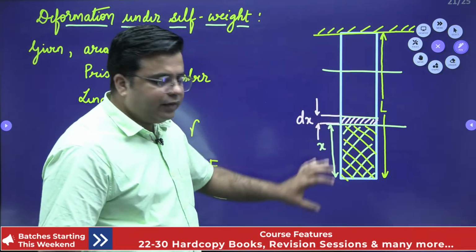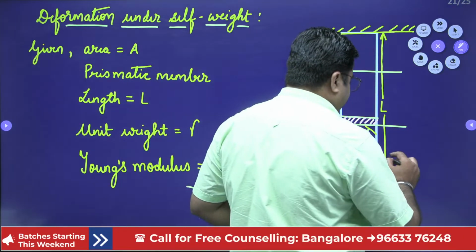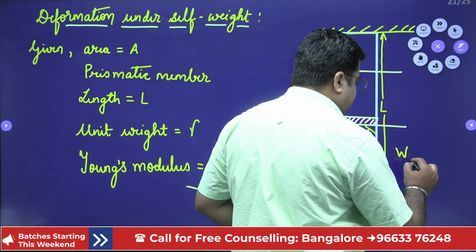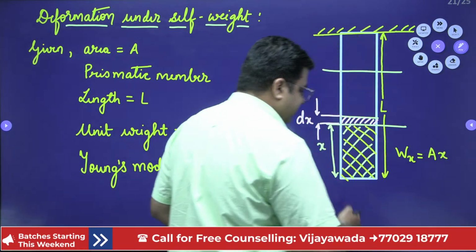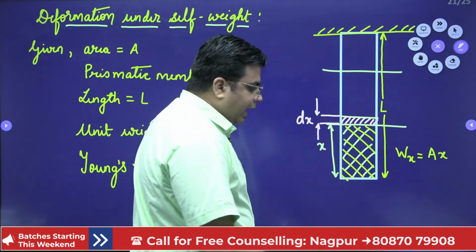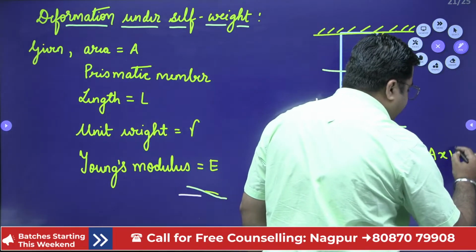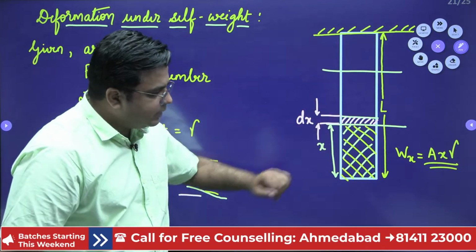Weight of this length is area multiplied by length, that is A into x, which gives us the volume. And volume multiplied by the unit weight is the weight hanging below this length dx.